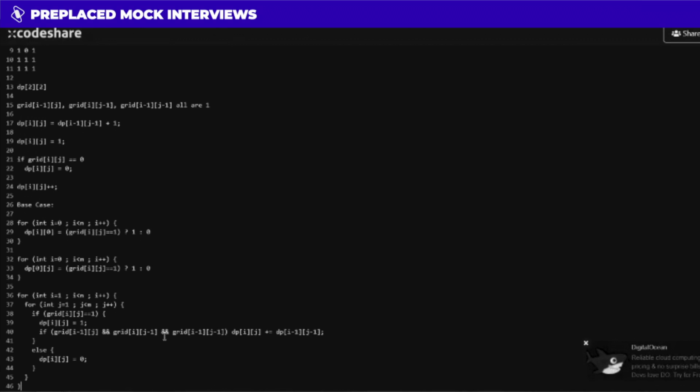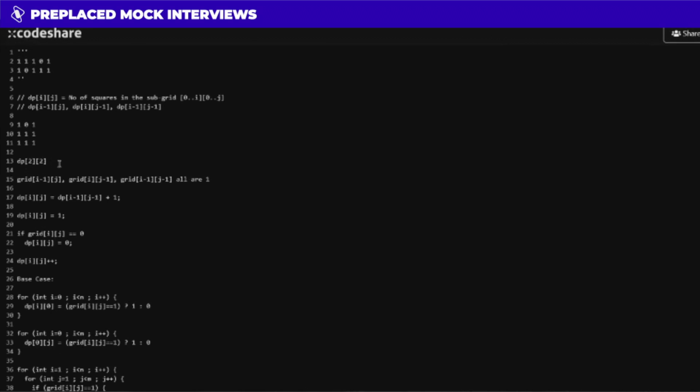Yeah, so this should be the solution. Does this look correct? Yeah, just give me a second. Okay, sure. Okay, let's take an example, and let's try to prepare a DP array for that.